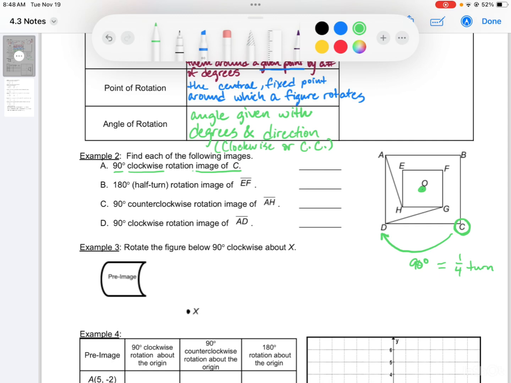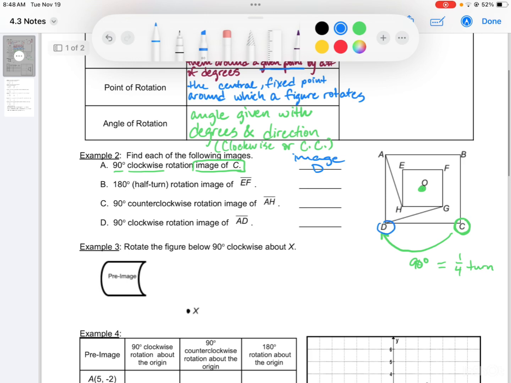So our pre-image would be C, and our image, which is our after image, C would move over to D. Everything over here would shift to this position, and your whole picture would rotate based off of that.